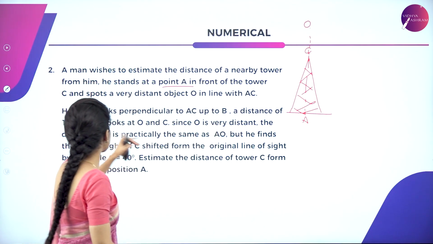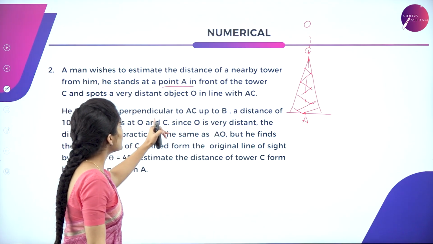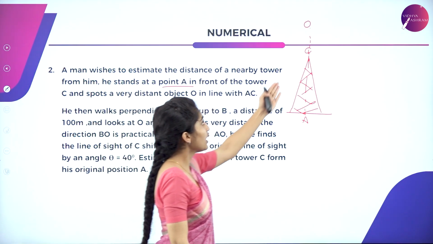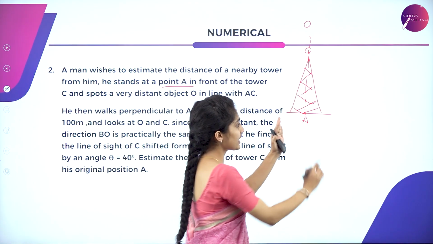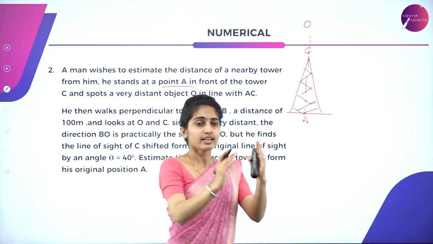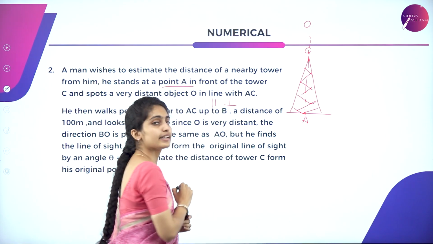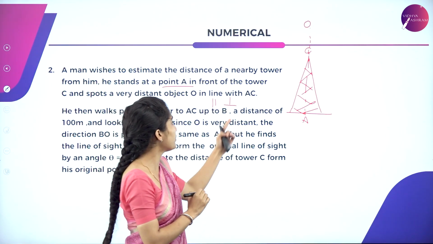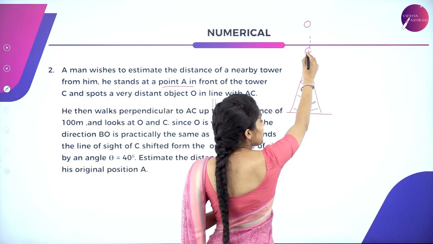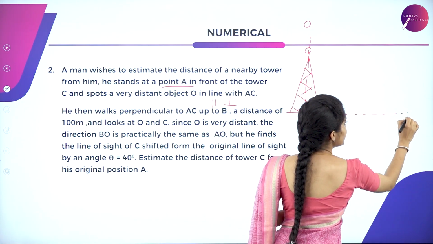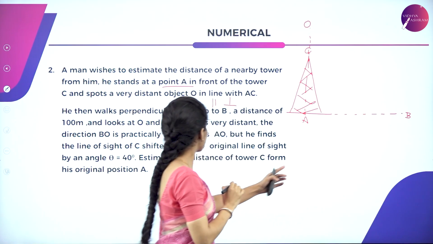Okay. So next, he then walks perpendicular to AC up to B. This is a parallel line and this represents a perpendicular line. So perpendicular to AC, he is moving towards point B.